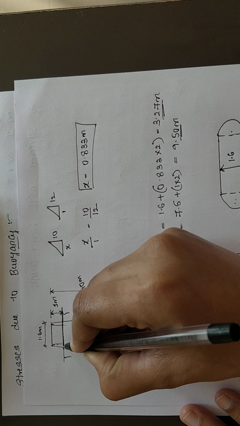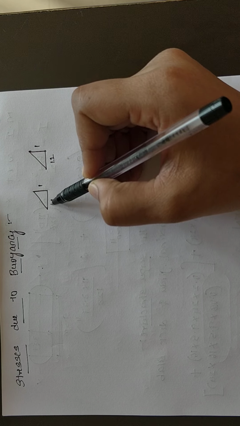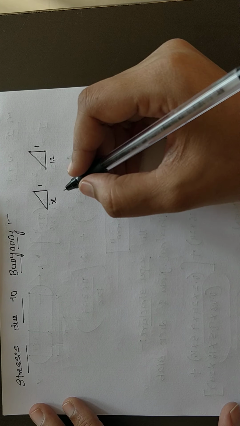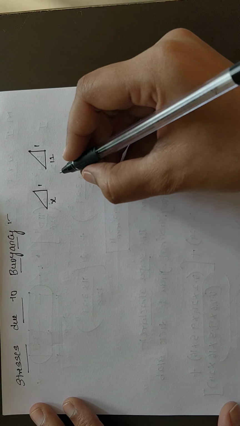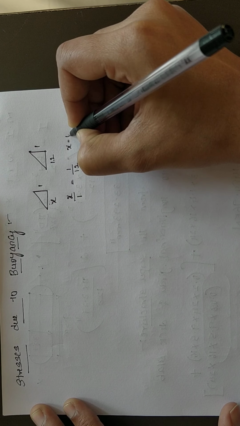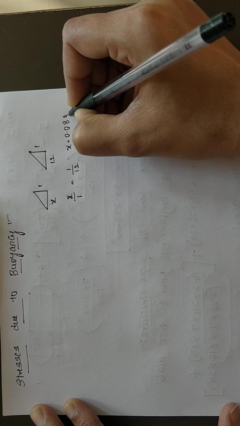Observe here, the side batter they have given is 1/12, and this width of the pier you need to calculate. That vertical height is 1 meter, and the horizontal width you need to calculate is x. Using similar triangle property, x by 1 will be equal to 1 divided by 12. Then you will get the x value as 0.083 meter.